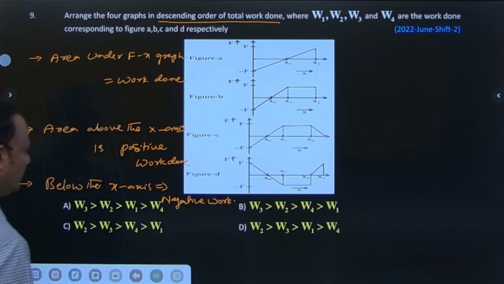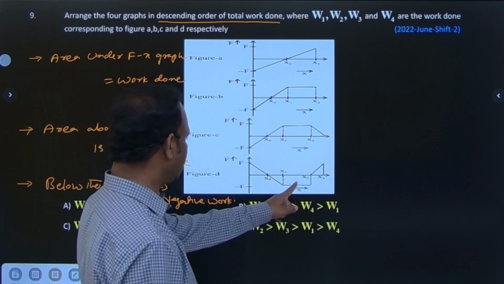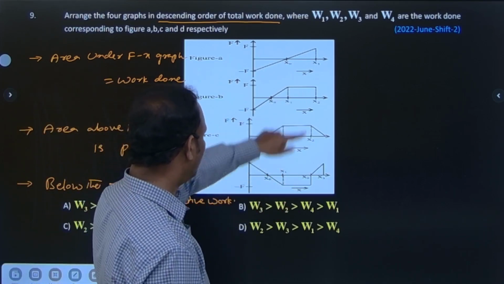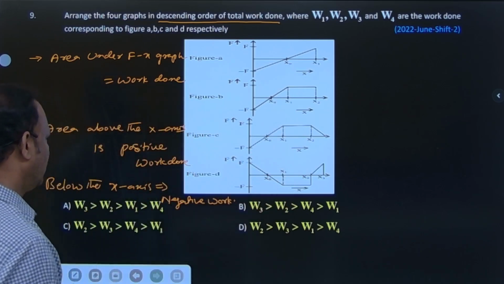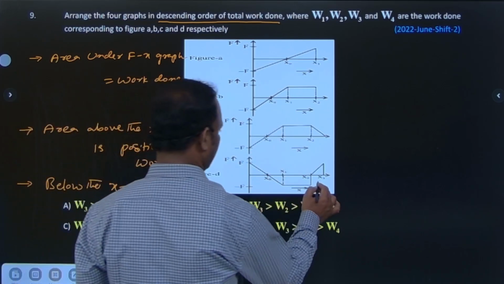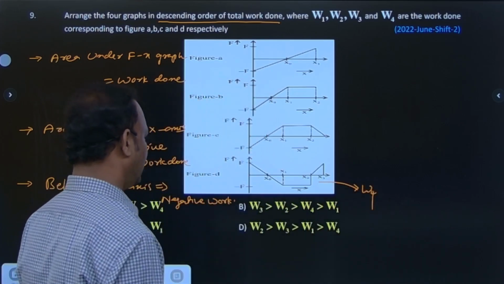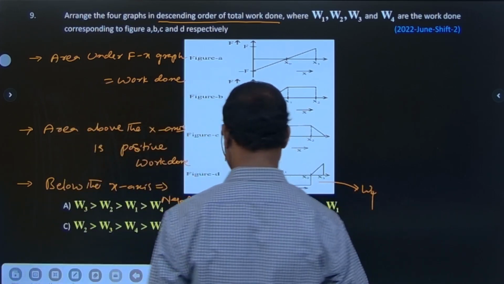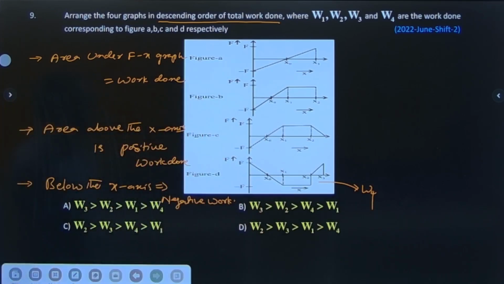Now the negative part: if you see, the negative part area is more negative, which means the work done is least. So the work done by this one is the least, W4. W4 is the least work done because it's below the x-axis.